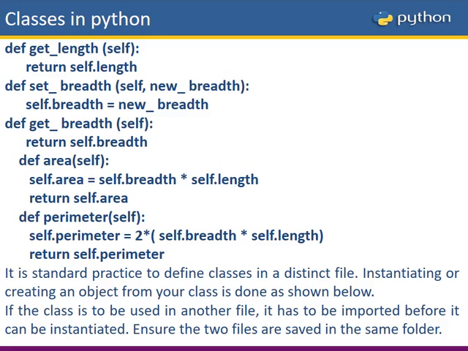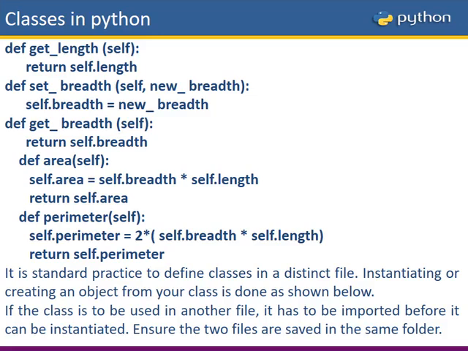Take note that it is a standard practice to define classes in a distinct file. Instantiating or creating an object from your class is done as shown below, in the example code.